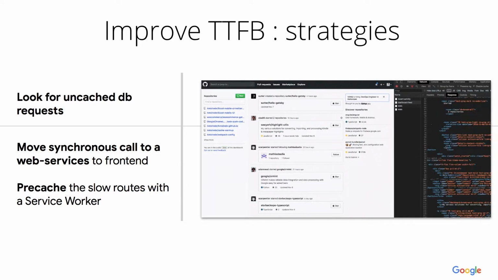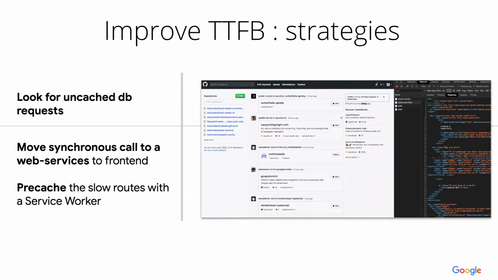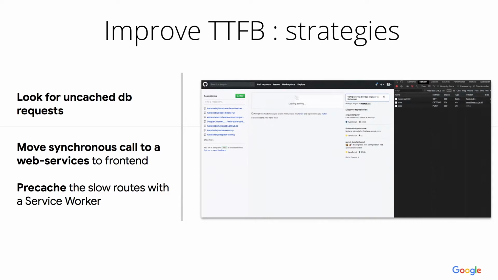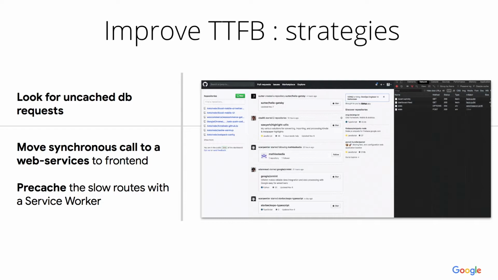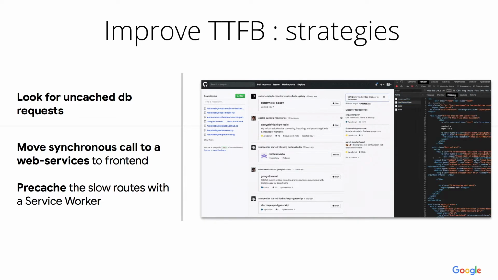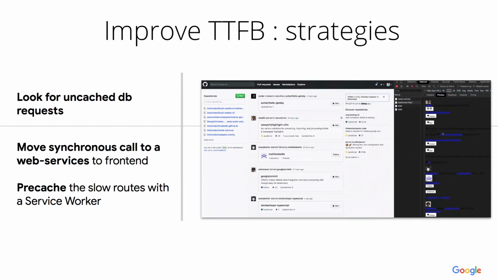First, try to look for uncached database requests. Definitely something that you can have a look at. Something that I see from time to time is websites making synchronous calls to web services.